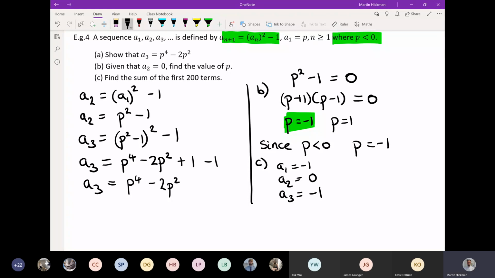So then I think what we should also do is find A4. To find A4, we'd sub in our -1 into p to the power of 4 minus 2p squared. So this is -1 to the power of 4, which is +1. Then you'd square the -1, which is also +1.